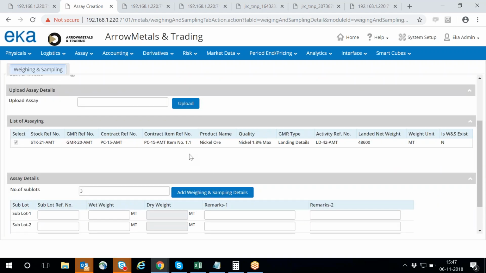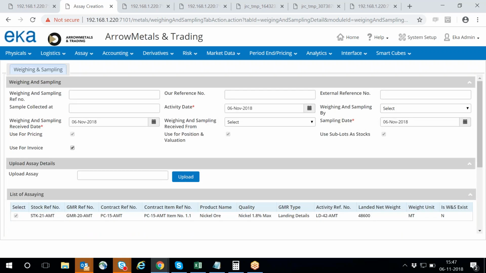Arnav, I have just one question here. Whenever you have a transit loss on the purchase side, you will be capturing the landed weights with the loss, right?